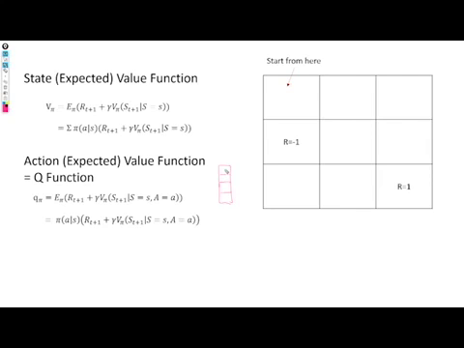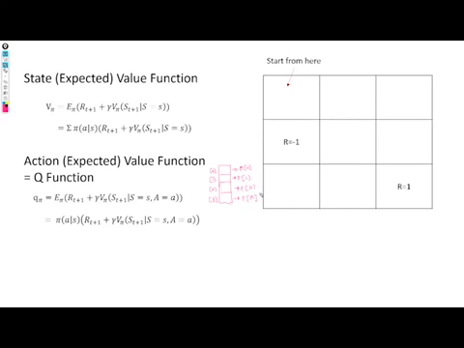At index 0 is the expected value of moving up, at 1 the expected value of moving left, at index 2 the expected value of moving down, and the last one is the expected value of moving right.